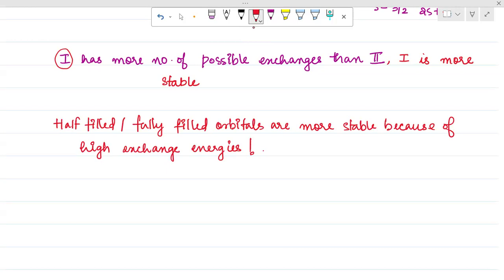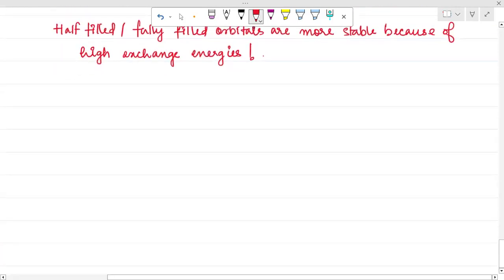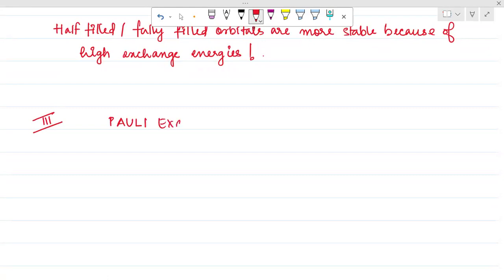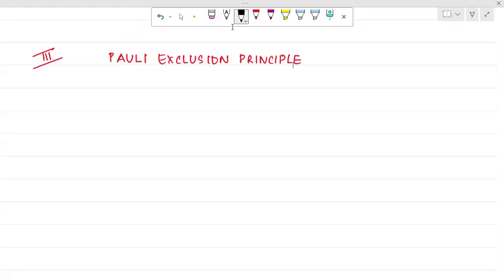Coming to the last rule of the day, which is Pauli's exclusion principle. Very easy. You can note it down.